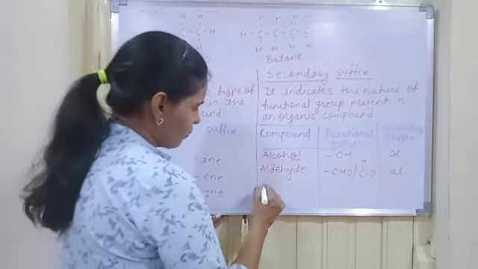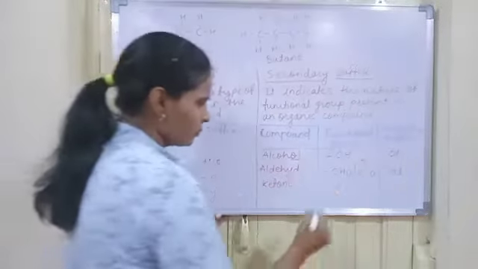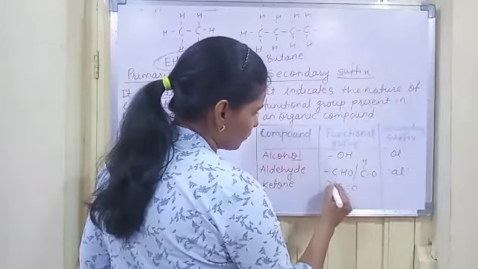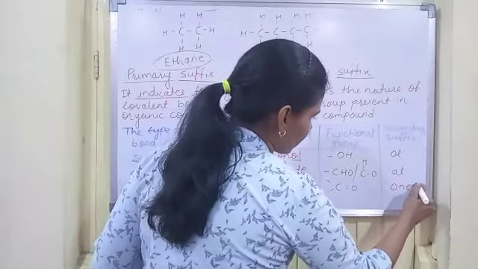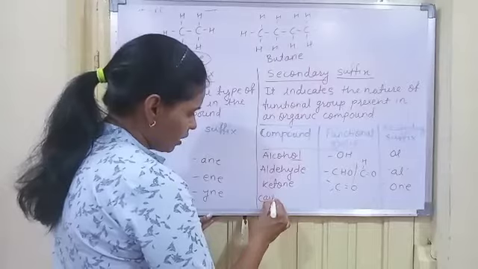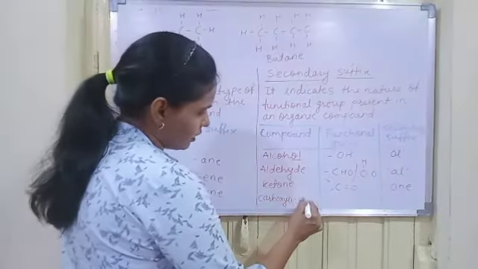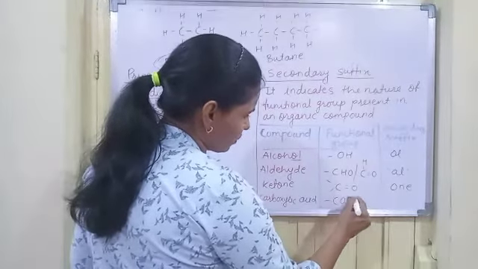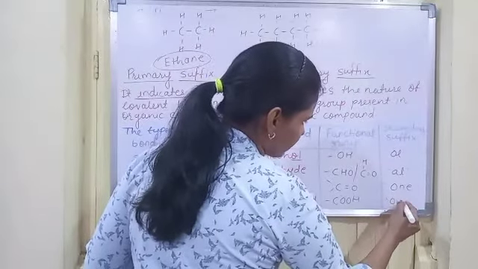If the compound is ketone, the functional group is C double bond O, then the suffix will be one. If the compound is carboxylic acid, the functional group is COOH, and the secondary suffix is oic acid.